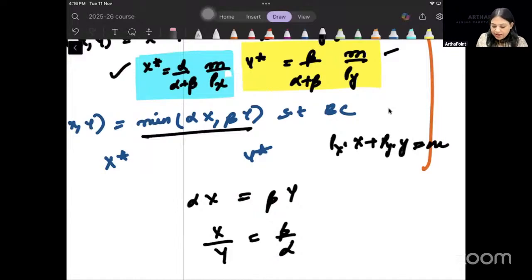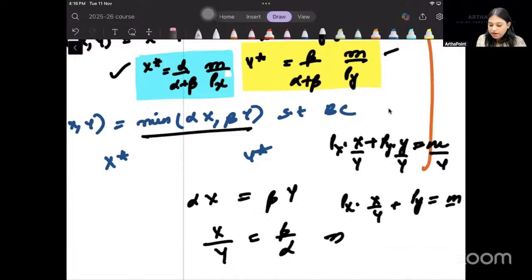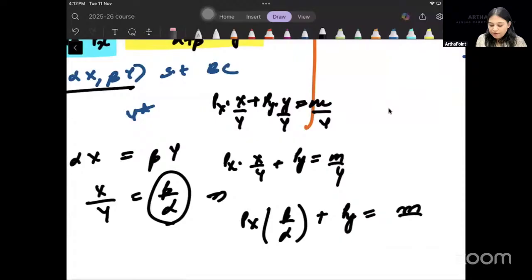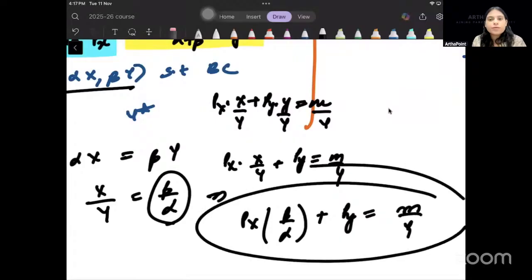If x by y will be beta by alpha, I can plug this in the budget line. If I just find x by y everywhere, I can plug that in: px into x by y plus py equal to m by y. I can plug x by y as beta by alpha and you can find the value of y from this equation.